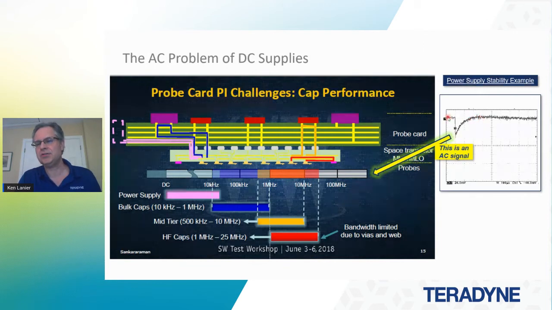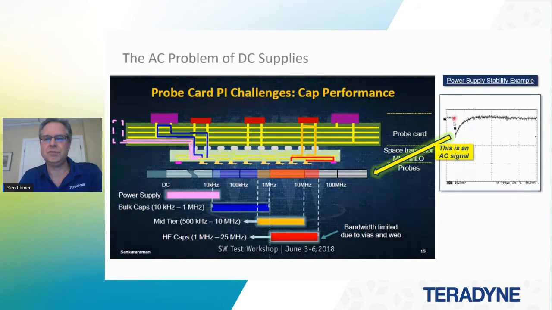So take your step function and basically put energy storage on the DIB to be able to provide a momentary burst of energy to the device when it needs it. So when we look at designing DIBs or DUT boards or probe cards, whatever you want to call them, we look at the spectrum and ask, what are we going to do in each band of the spectrum?